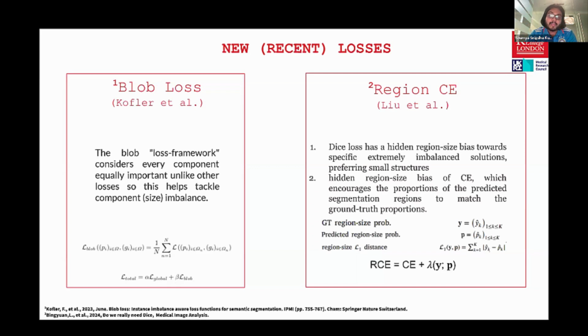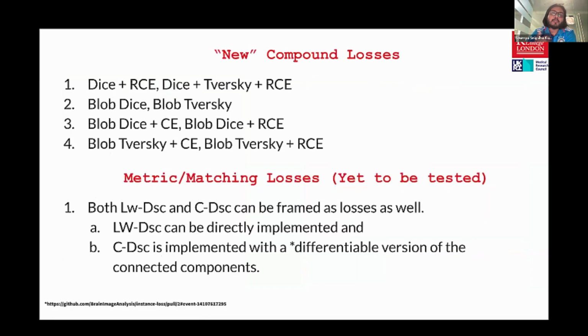The paper's name actually is, Do We Really Need Dice? And they get really nice scores across basic standard benchmarking tests. And so we came up with, obviously, our own compound losses, and then we do the matching based on the Bratz Dice, our own proposed cluster Dice, and obviously the normal Dice as well.